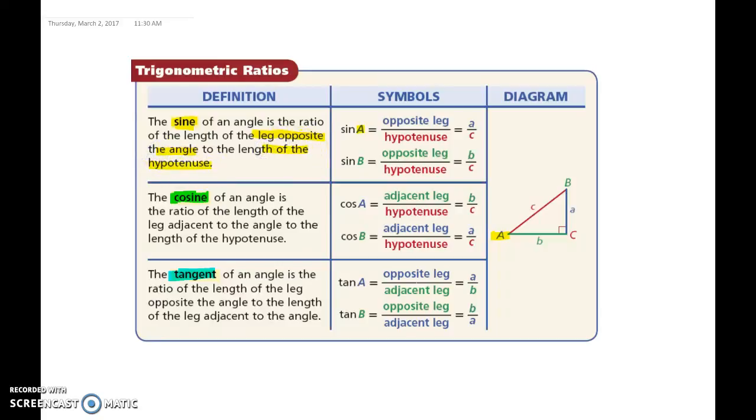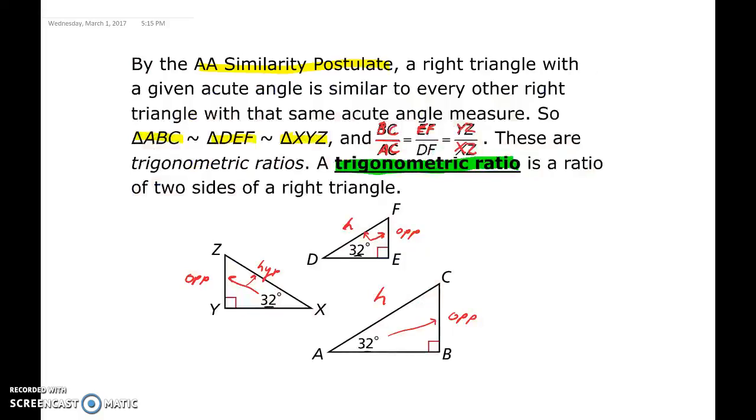From angle A, opposite of angle A would be this side, BC. So we can say opposite leg, or a, over our hypotenuse, c. That is our sine, and that's exactly what we just did for all of these triangles.